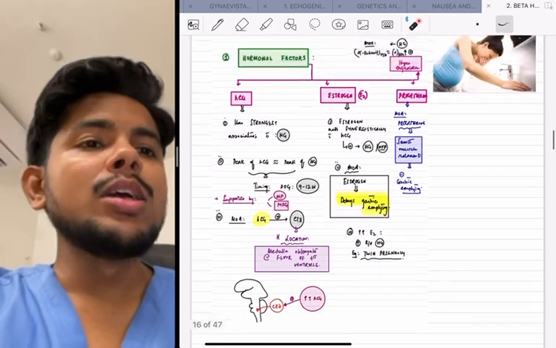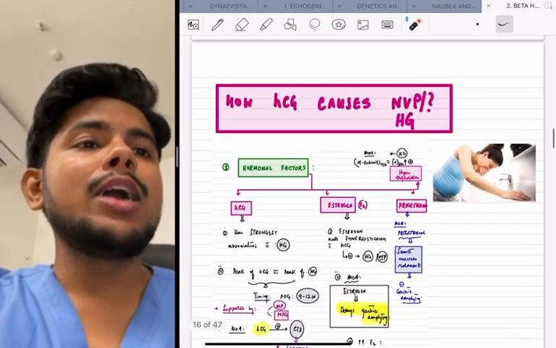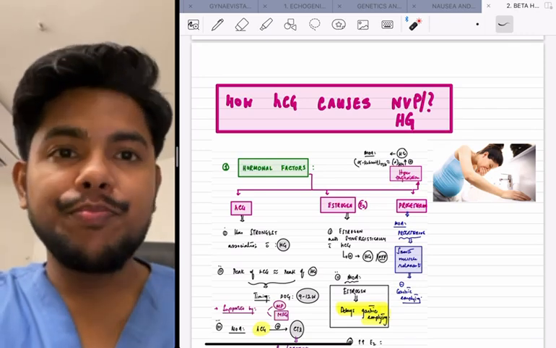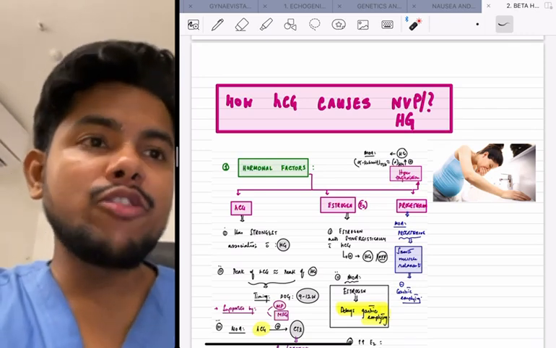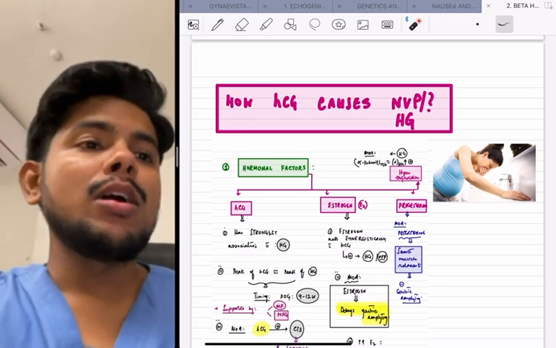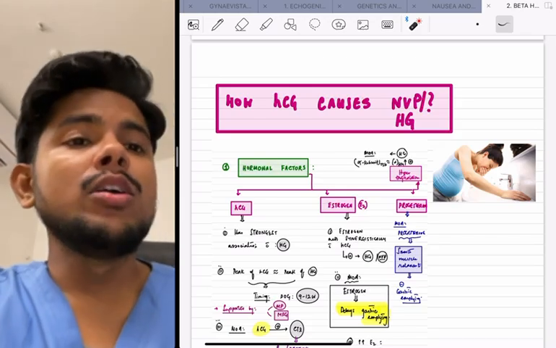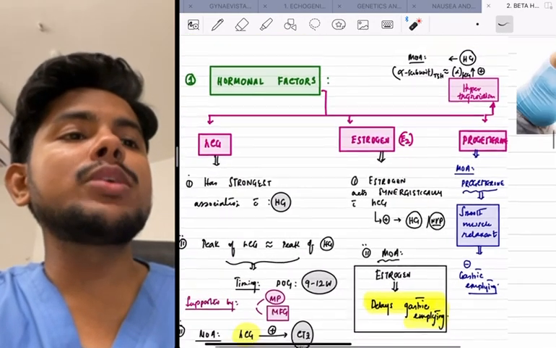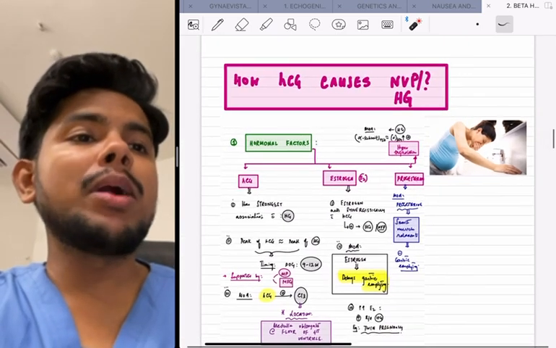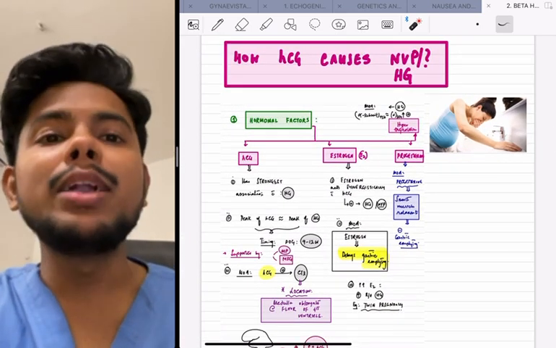Now the last aspect of this: I told you that having similarity with the FSH and LH, the hCG causes hyperemesis gravidarum. But how? The nausea in pregnancy or hyperemesis gravidarum, this entire entity is multifactorial.